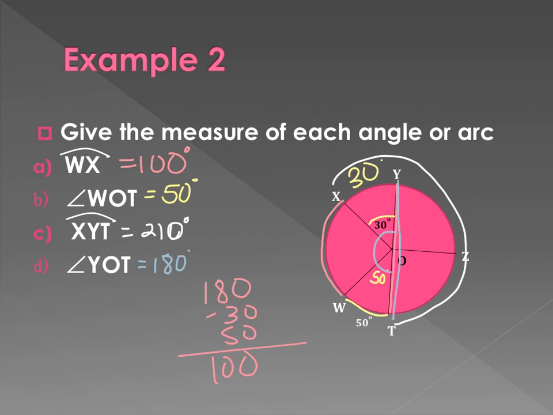I took, which one was that? This is X, Y, T, right? So this I know is a semicircle, which would be 180 degrees, and then add to it the adjacent arc, which is 30 degrees.